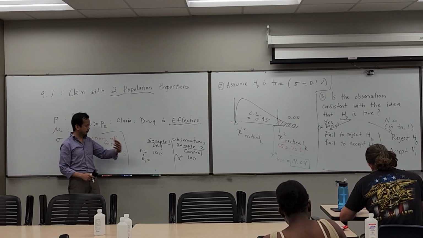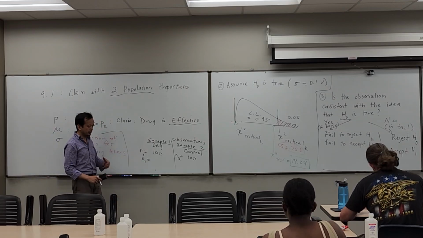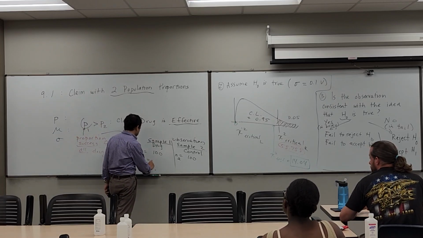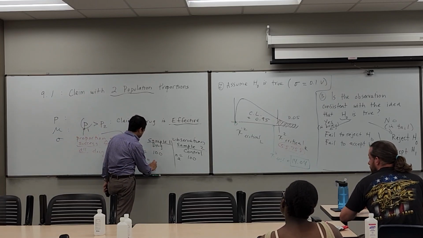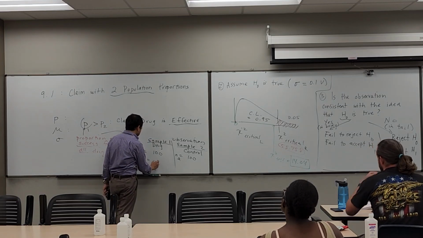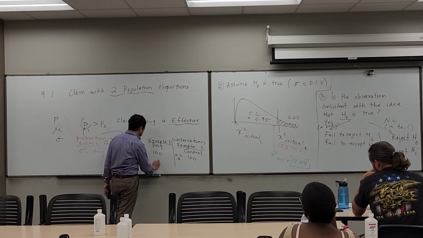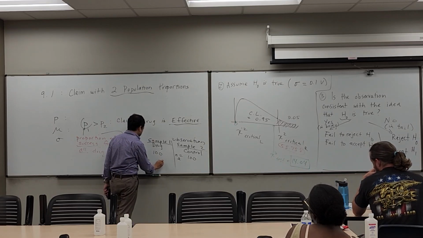So for the 100 people in the drug group, let's say that you measure a number of successes that is, let's say 60 people.